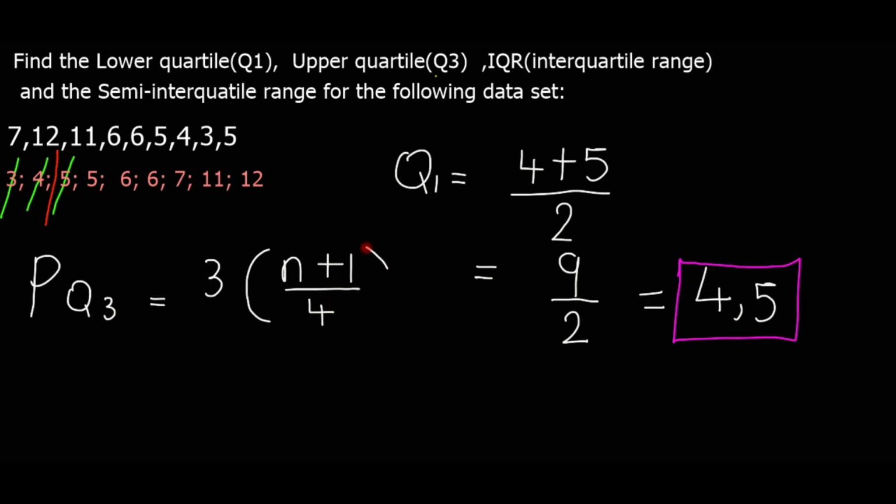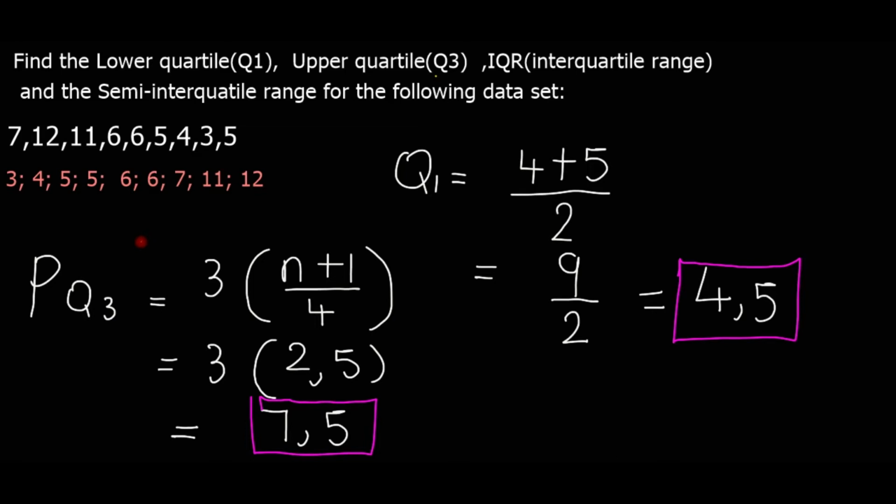Remember, (n plus 1) over 4 we already calculated as 2.5. So we have 2.5 times 3, and 2.5 times 3 is 7.5. So for Q3 we look at position 7.5.